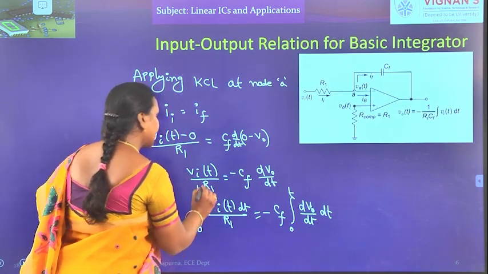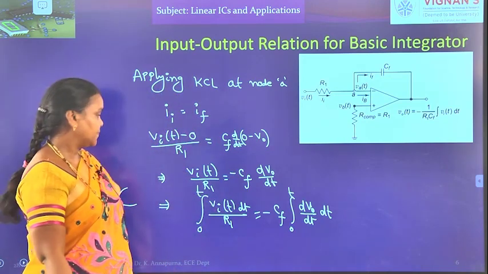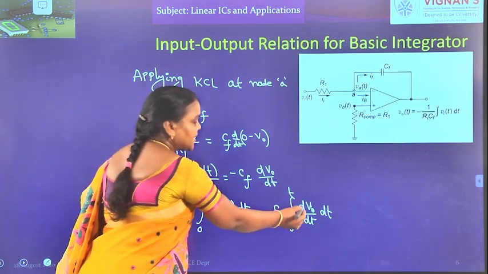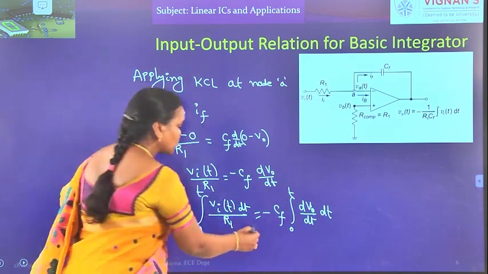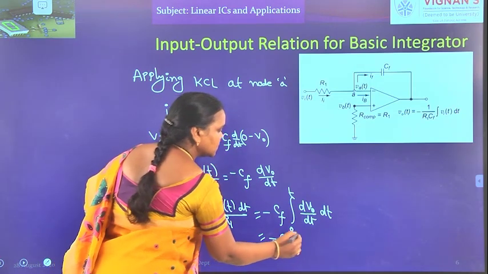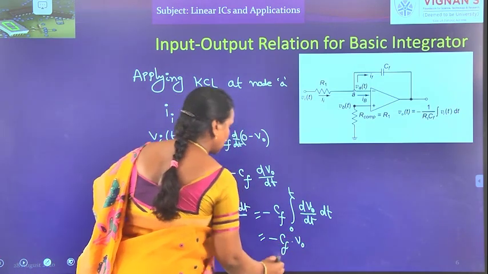We are integrating from 0 to t. Now, this integration and differentiation cancel, so the right hand side is minus CF into V naught.